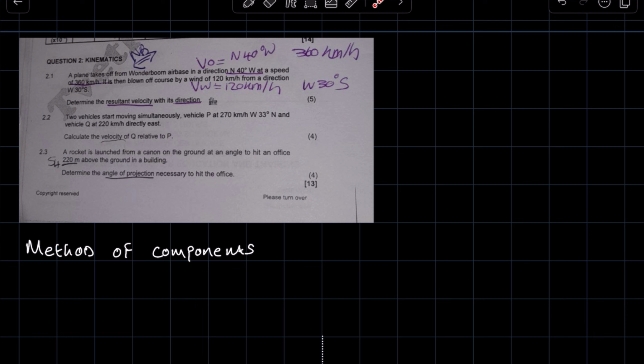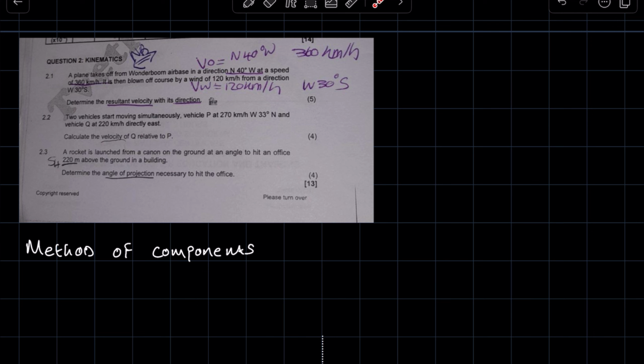So we take that as the original velocity of the airplane, regardless of the wind vector. So this is going in a direction north 40 degrees west at a speed of 360 kilometers per hour.